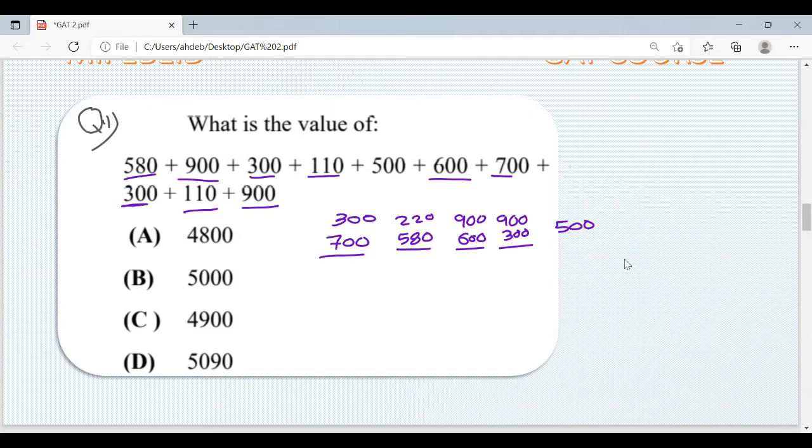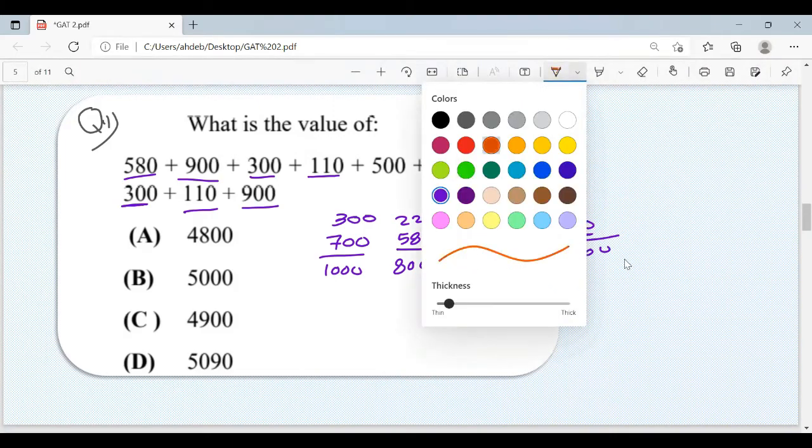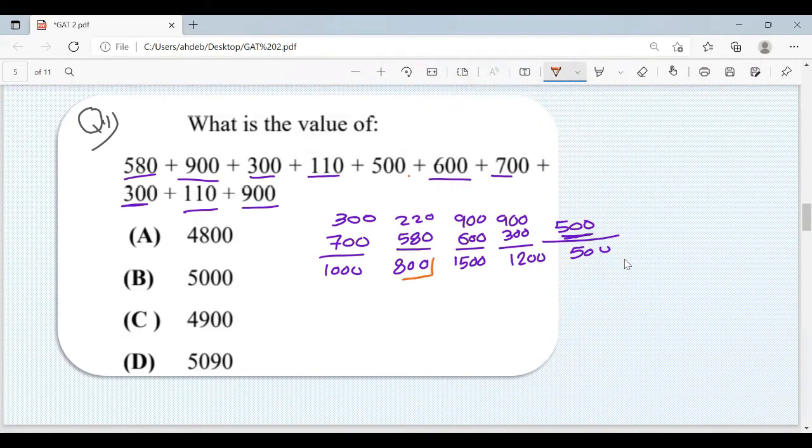Start to add. So 300 plus 700 equals 1000. 220 plus 580 equals 800. And the sum here is 1500, and the sum here is 1200. Then we have 500. Okay, so this is the first step. Now we can add both 800 and 1200.